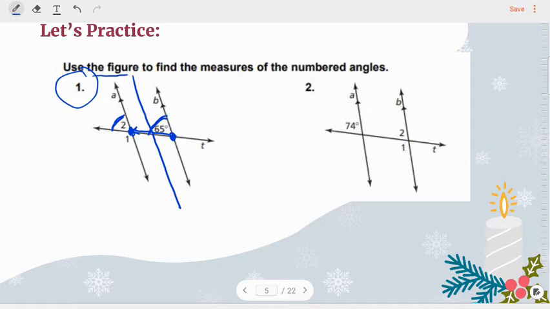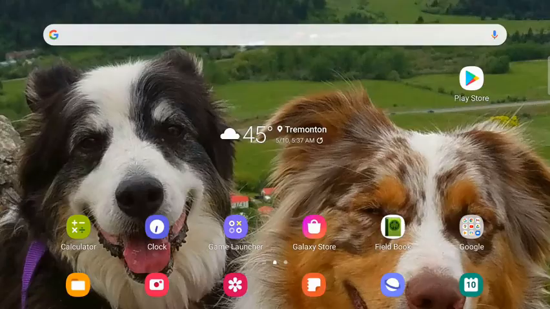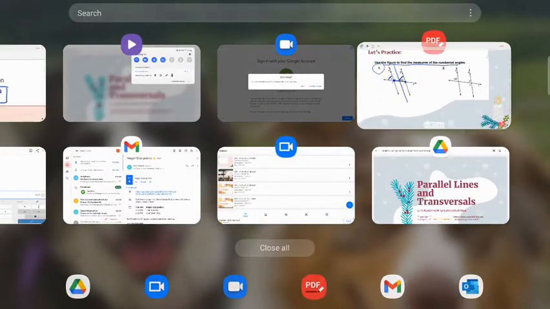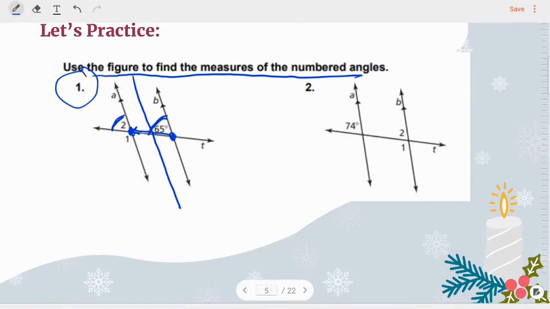So if I was to use this diagram to find the measures of the numbered angles, I could right now say that angle 2 is equal to 65 degrees. In fact, I could find the measure of all of my angles. Let me show you how I do that.